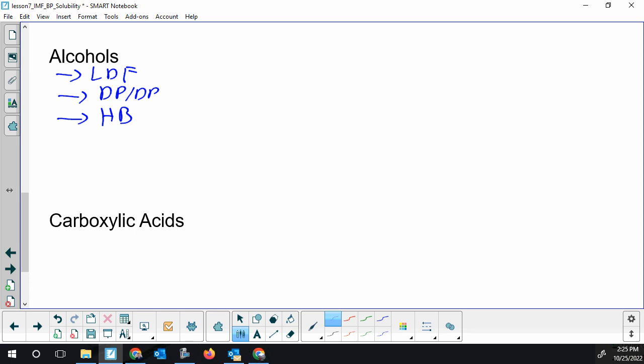I'll stick up methanol as an example again. And there's that very polar bond. That gives it dipole-dipole forces. One of the several polar bonds, but that's the most polar that causes the hydrogen bonding.